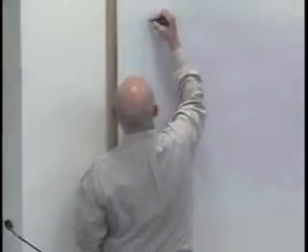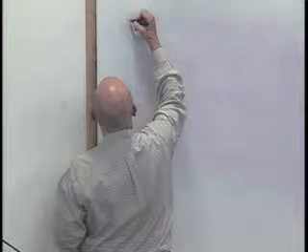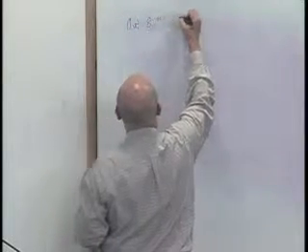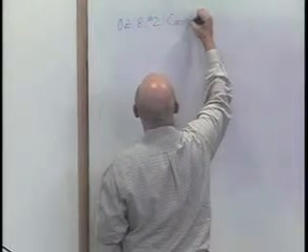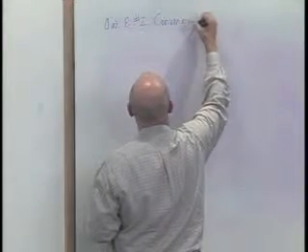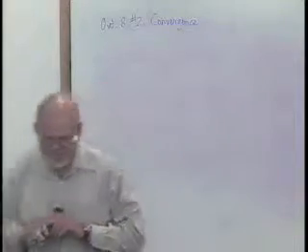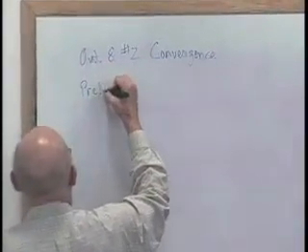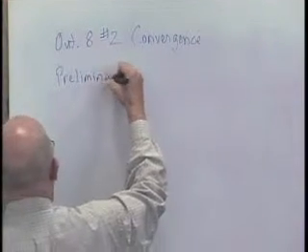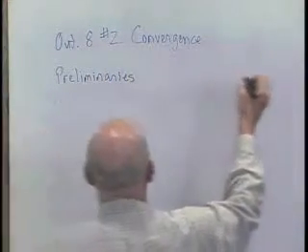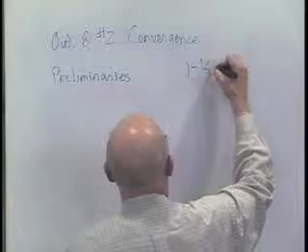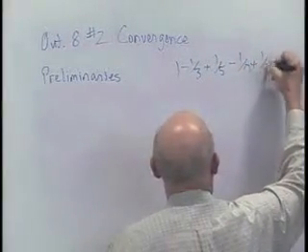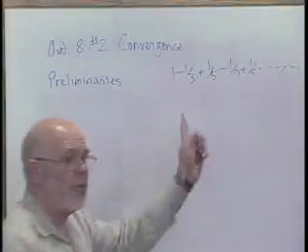So here is topic 2. This is outline 8, number 2, called convergence. And here are the preliminaries. Anyone know what that sum equals?